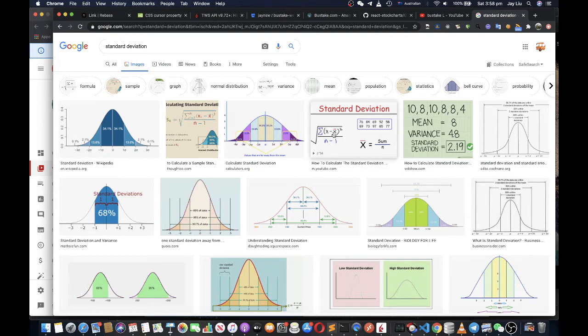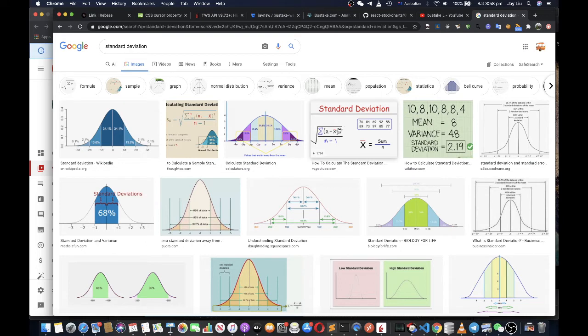Okay, here it has a standard deviation formula. It's the current value minus the average value, then square, and divide by the number. You sum up the values and divide by the number minus 1.